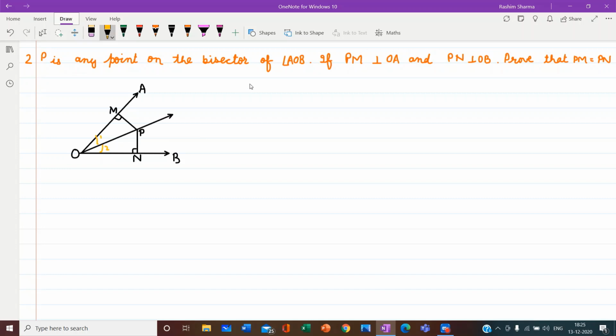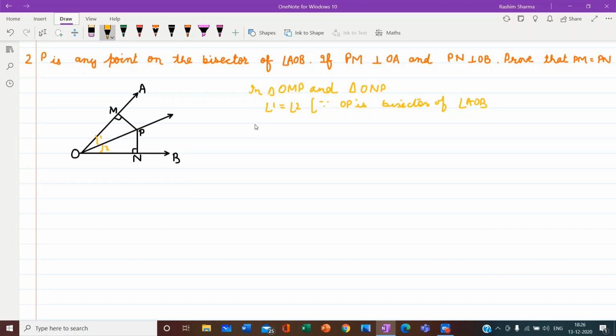So we will write here in triangle OMP and triangle ONP. Here we can see angle 1 is equal to angle 2 because OP is bisector of angle AOB.